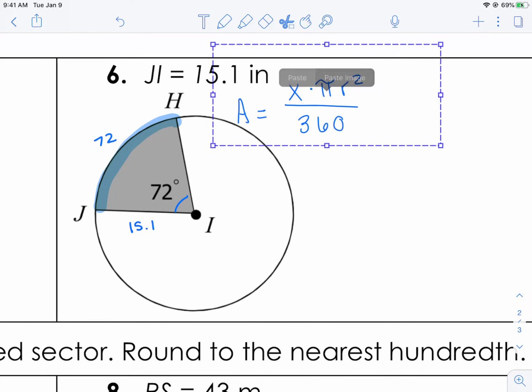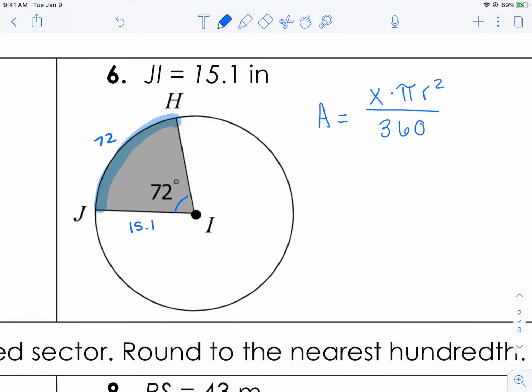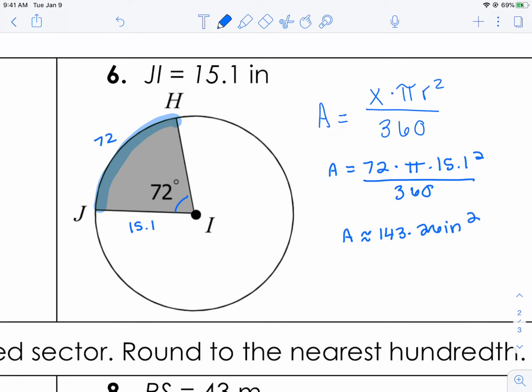So my formula, so area is equal to 72 times pi times 15.1 squared all over 360. So that's going to be about 143.26 inches squared.